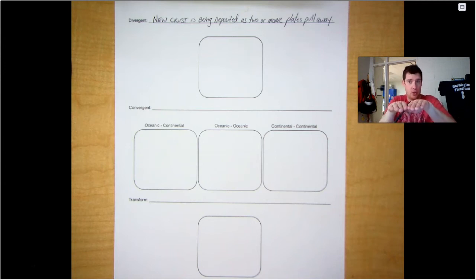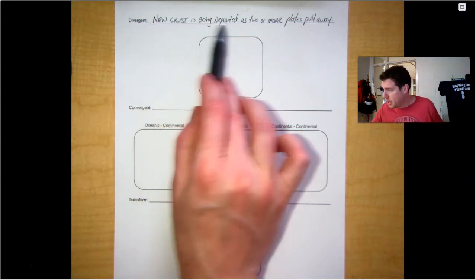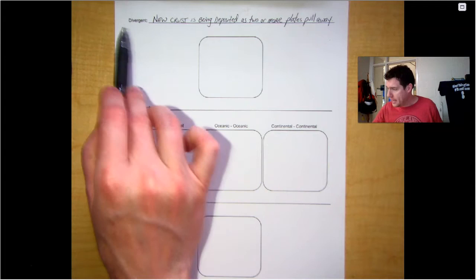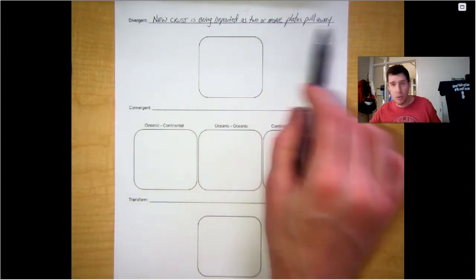And then later that crust will crack open again, and the plates will slide apart from each other, and you'll get more oozy, slow volcanic eruption that kind of fills that gap, cools, hardens, and becomes new crust. So new crust is being deposited at divergent boundaries as two or more plates pull away.